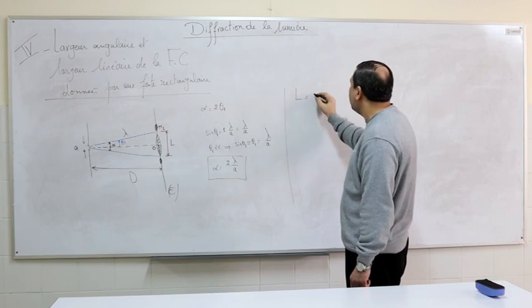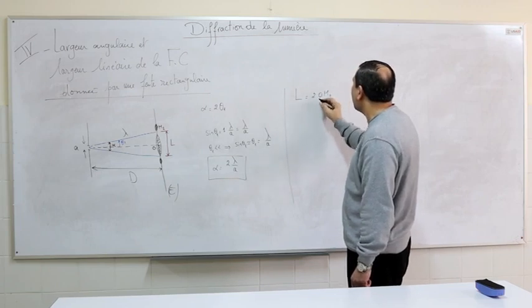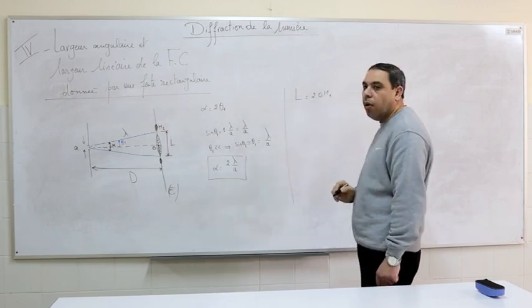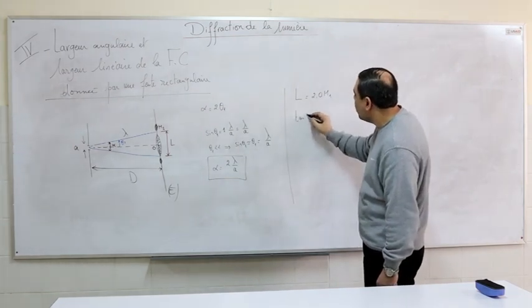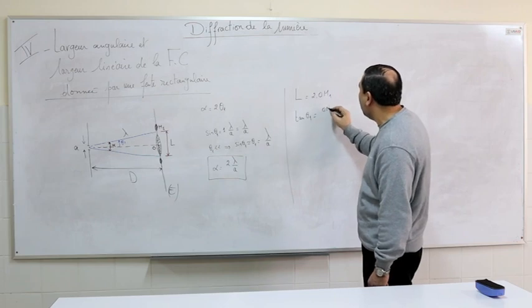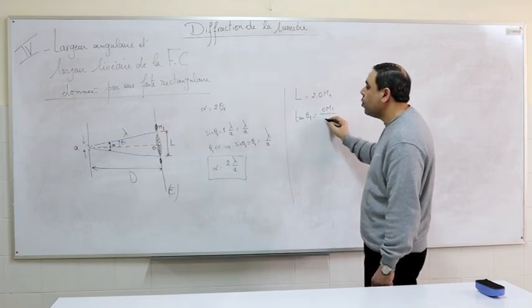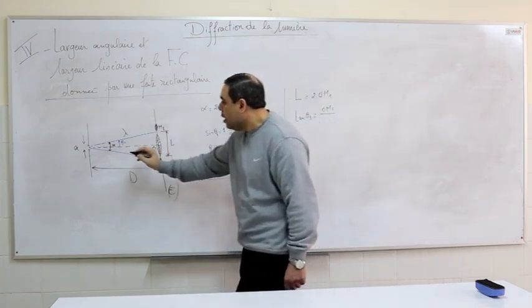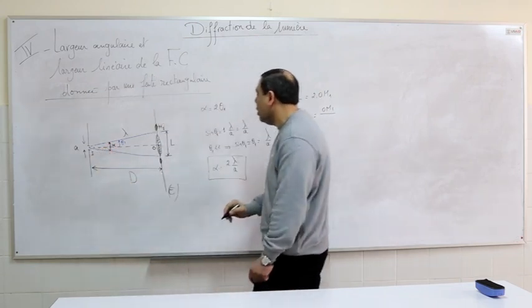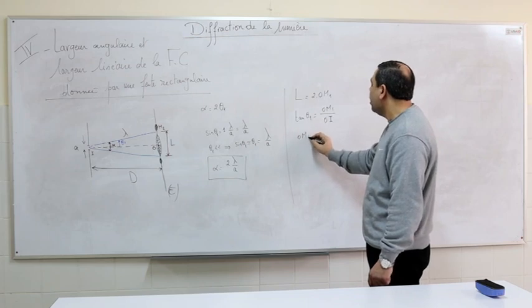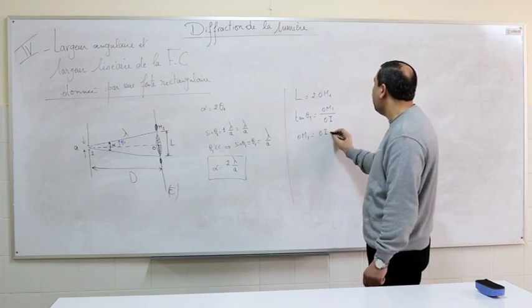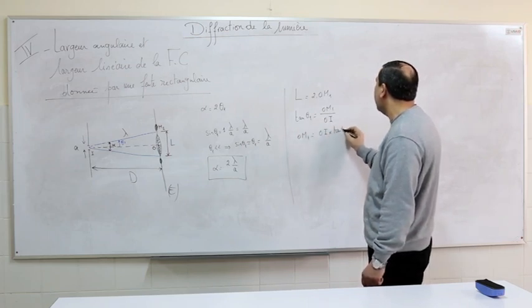The linear width is L equals 2 OM1. We have determined OM1 by using the trigonometric function tangent θ1 equals OM1 over OI. And here it is. So OM1 equals OI times tangent θ1.